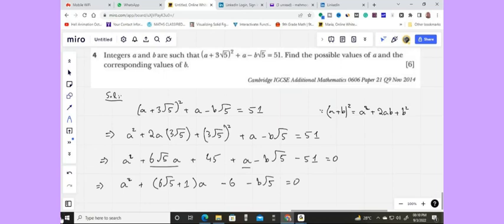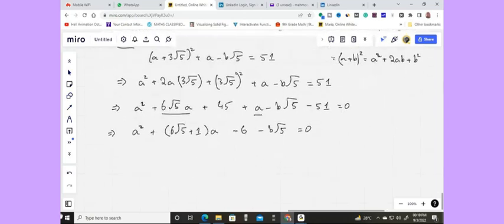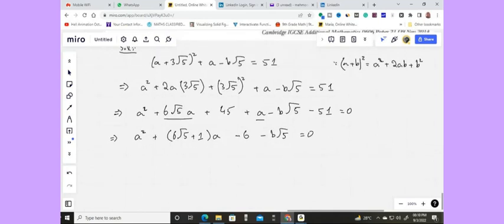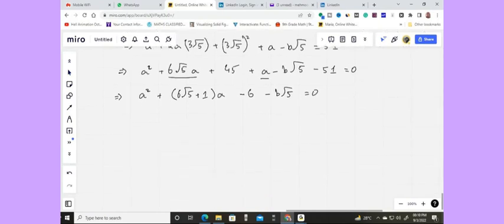Now you see, they are asking you to find the values of a and b in this question, right? There are two unknowns. Once there are two unknowns, it means I need two equations. But over here in this situation, I've been given just one equation. So what to do? I have to make some logical adjustment here. And what would be that adjustment?